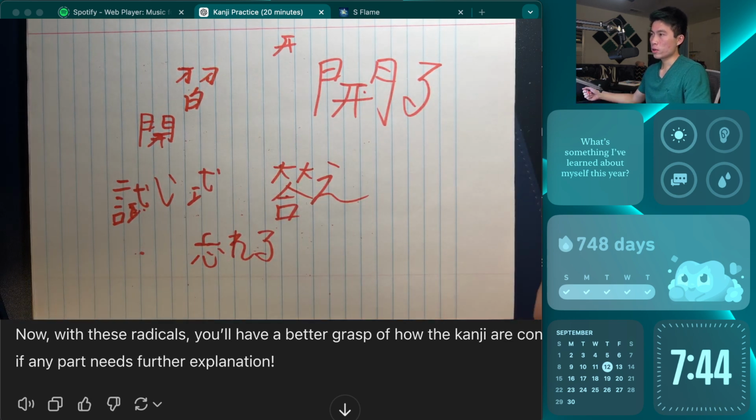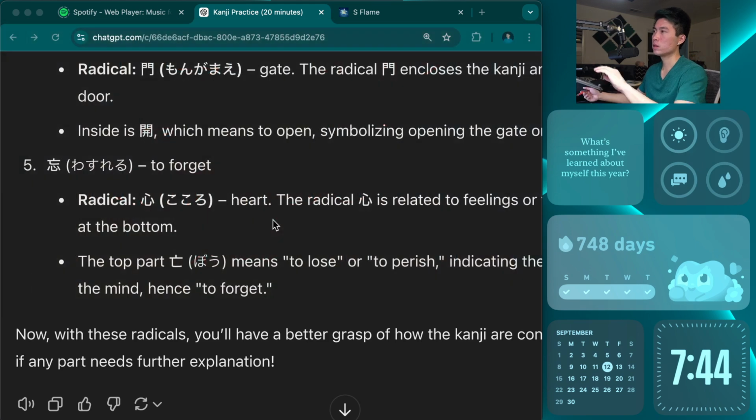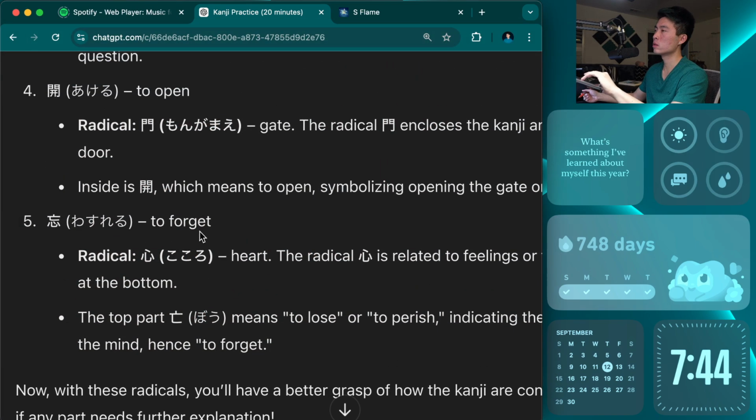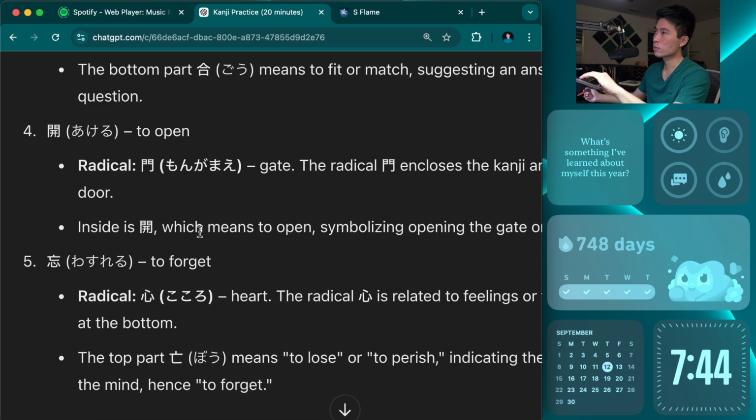Let's go ahead and check our work real quick. Okay. Akeru is correct. Nope, we totally forgot what wasureru was. We did this instead. Okay, so it's lid and then like that.